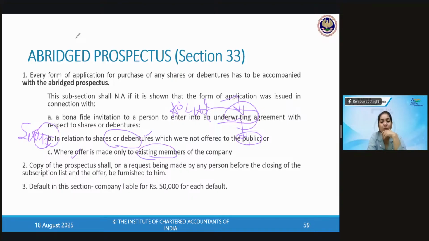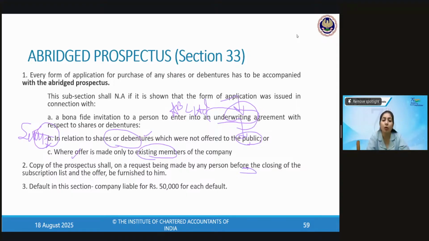Anyone who has requested for the copy of prospectus, because it is only a summary of the prospectus, anyone interested in knowing the full details, the company shall immediately provide them a copy of the full prospectus before the close of the subscription list. Full copy shall be given. So, what do I need in the paper? I needed this line: on the request being made by any person before the closing of the subscription list and the offer, then only it is valid.